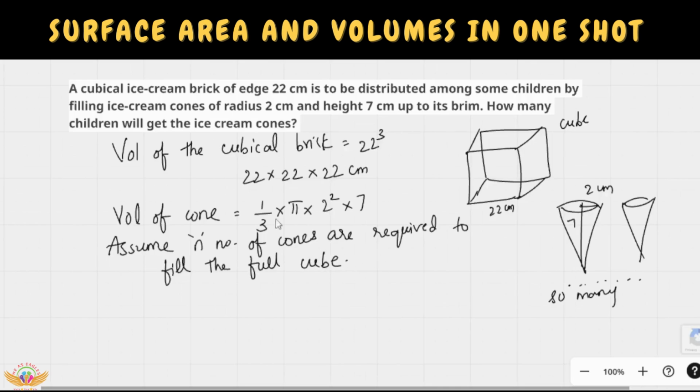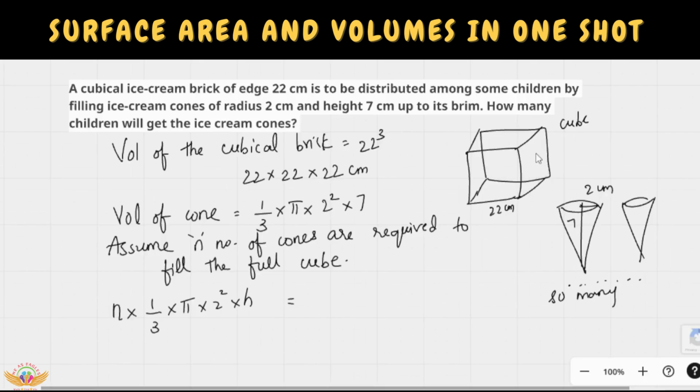Done. So now I have to multiply n, the number of cones, with the volume of one cone, which is 1 by 3 into pi into 2 square into h. This complete number of cones into the volume of a cone will be equal to the total cube of ice cream, right?